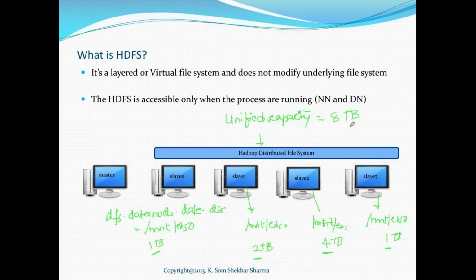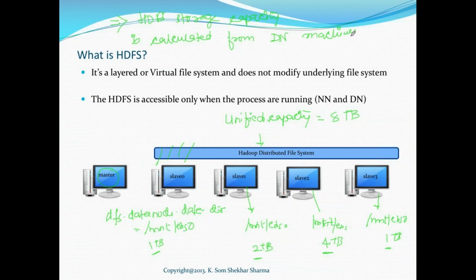Also, please understand the HDFS storage capacity is calculated from the data node machines, not from the master machine. That's why I have kept it aside. HDFS storage capacity is calculated from data node machines.